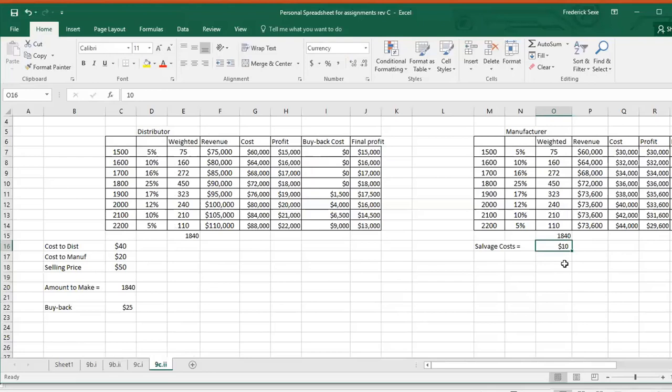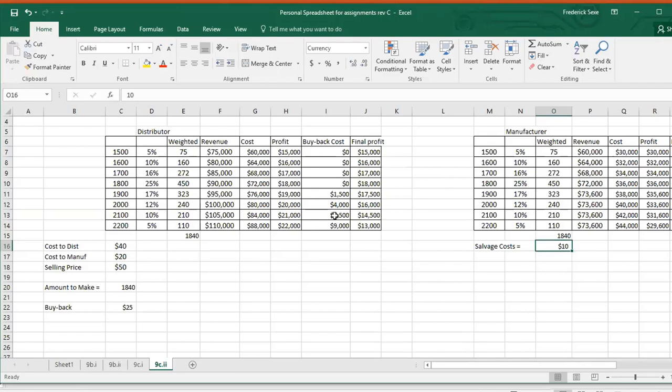So the manufacturer, in this scenario, pre-builds 2,100 as per this new contract. The distributor only sells 1,840. At the end of the period, the manufacturer says, hey, we have 2,100 minus 1,840 left in stock that you did not pull from us to sell to customers. So you owe us buyback cost for this many.